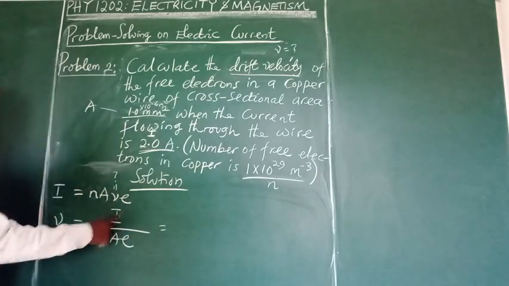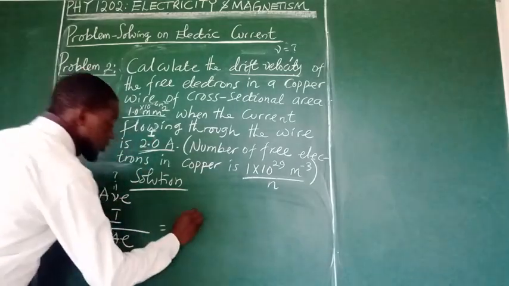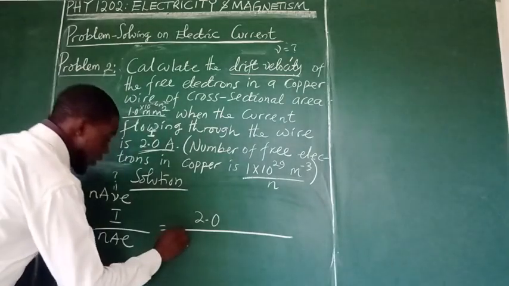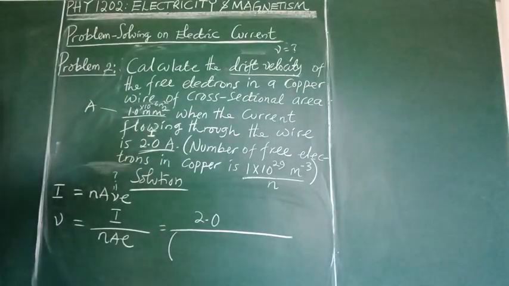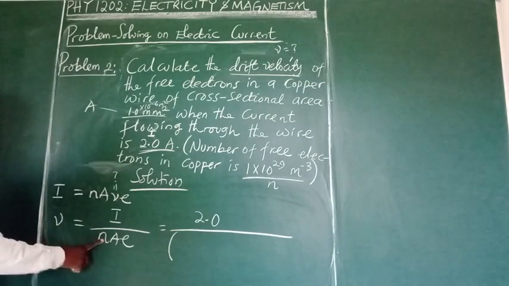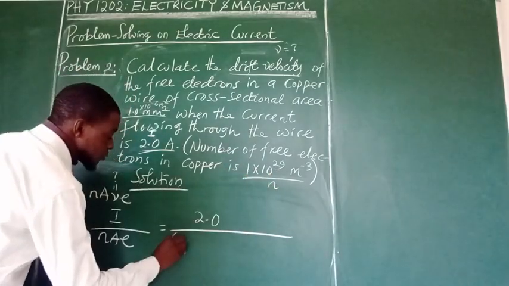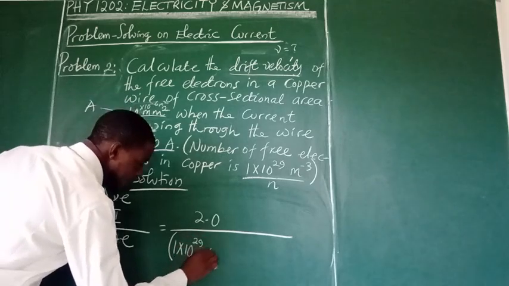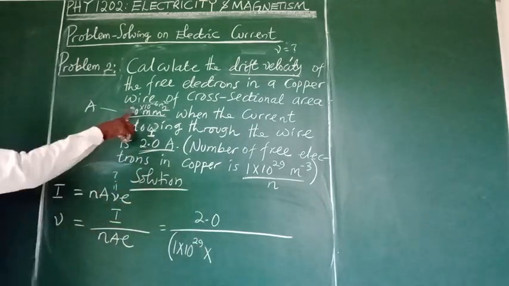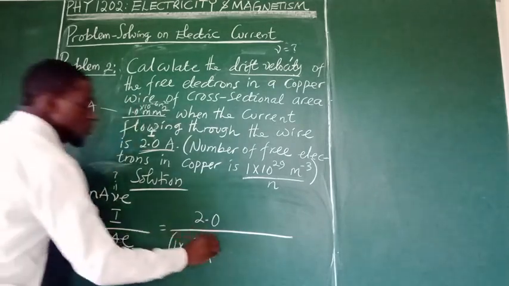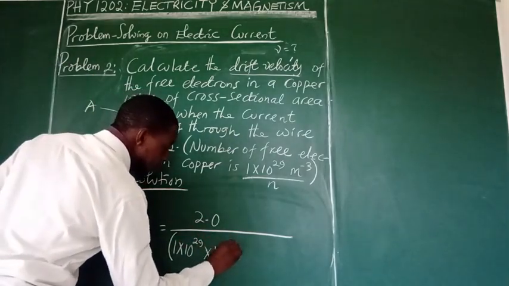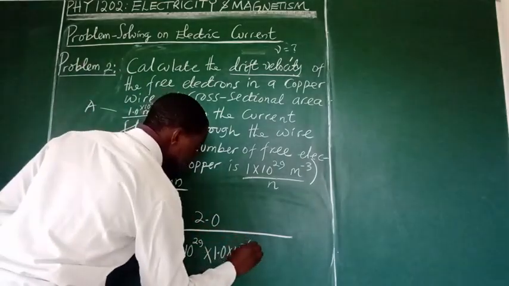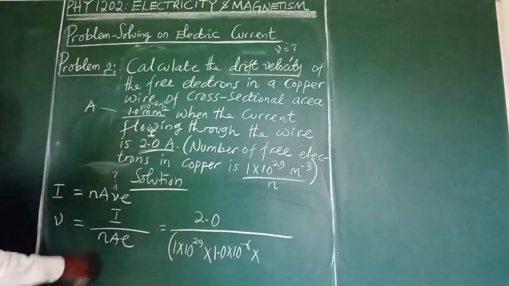What is our I? Our I is 2.0, so we write 2.0. Next, we open bracket here and say our n is this, so we write 1 times 10 raised to the power of 29, then times A. Our A is this 1.0 times 10 raised to the power of -6, then times e.